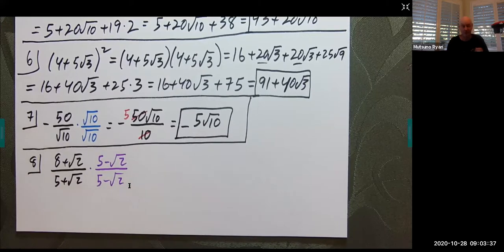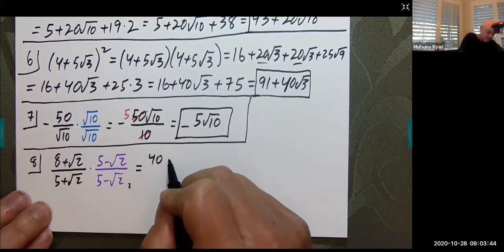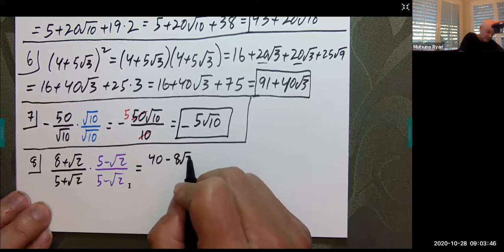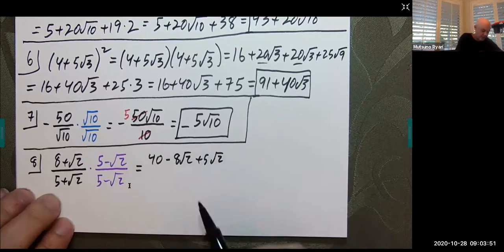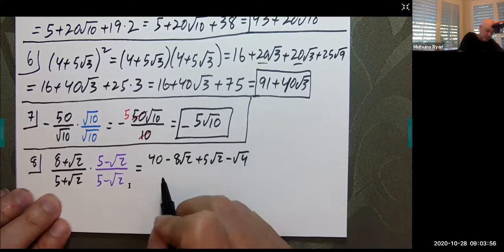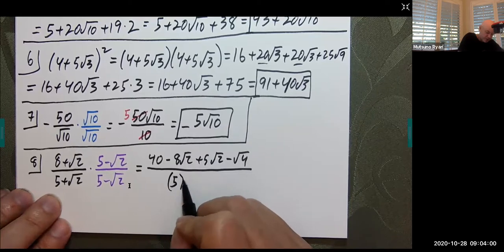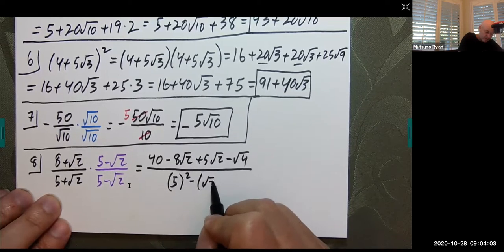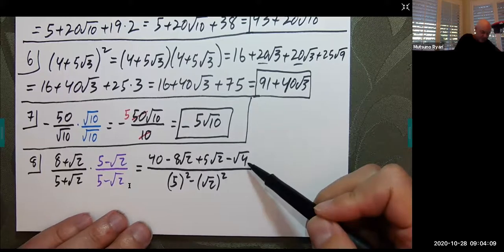Up top, I'm going to have to FOIL. Down below, I have a difference of squares, which is nice. Again, I'm foiling first, outer, inner, and then last. Down below, I have a difference of squares. So I can take the square root of the 4, but these two I can combine up.